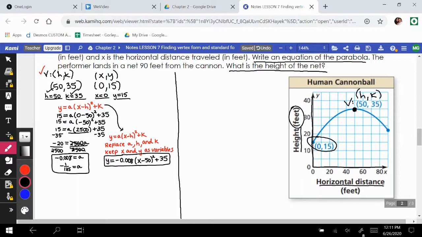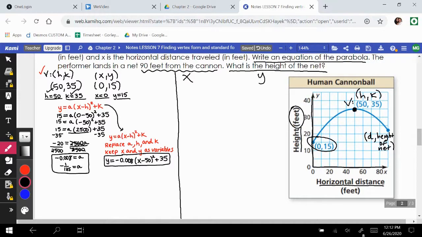So again, my x value is the distance, where the y value is the height of the net. So let's just read that one more time. It says the performer lands in a net 90 feet from the cannon, which is going to be your horizontal distance, x, and it says what is the height of the net?